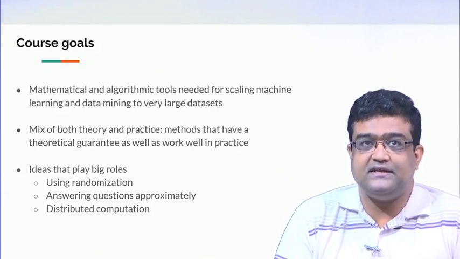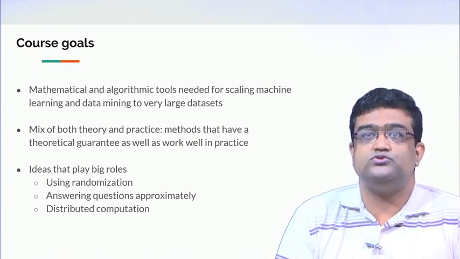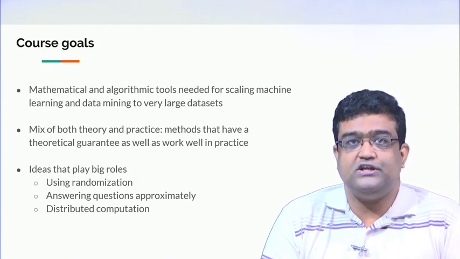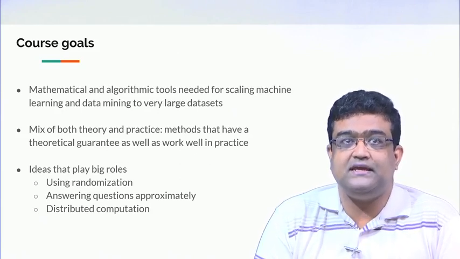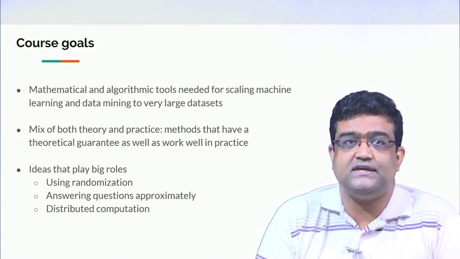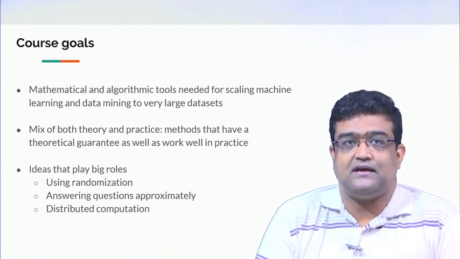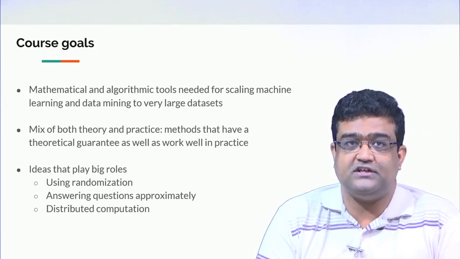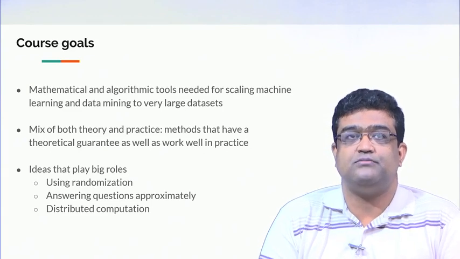The theoretical guarantees are very important because they allow you to choose the hyperparameters of the systems as well as to debug the systems when you are developing them. The main key ideas which play big roles in this course are using randomization techniques, answering questions approximately or solving the problems approximately, and distributed computation, that is using multiple computers to solve the problem in a distributed manner.